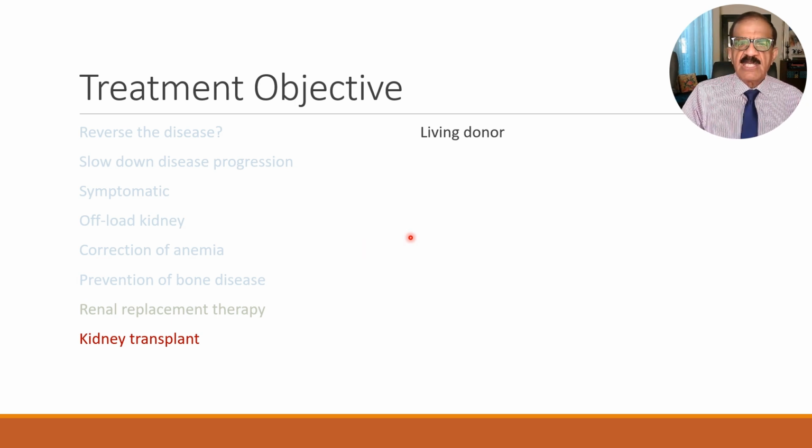That means somebody in the family volunteers to give his kidney, and luckily, since we have two kidneys and one is usually good enough to carry out the function of the body, an otherwise healthy donor who matches antigenically with the recipient will give one kidney, and that may be transplanted. This is one option.